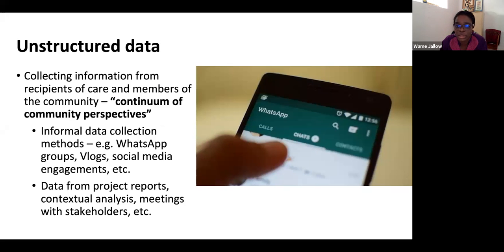And this is where you get a lot of alerts to say, I went into the health facility, I was treated this way, or I went into the health facility and I was not able to get my results, etc. And these are equally important to augment some of the data that we see quantitatively in the structured data collection process.